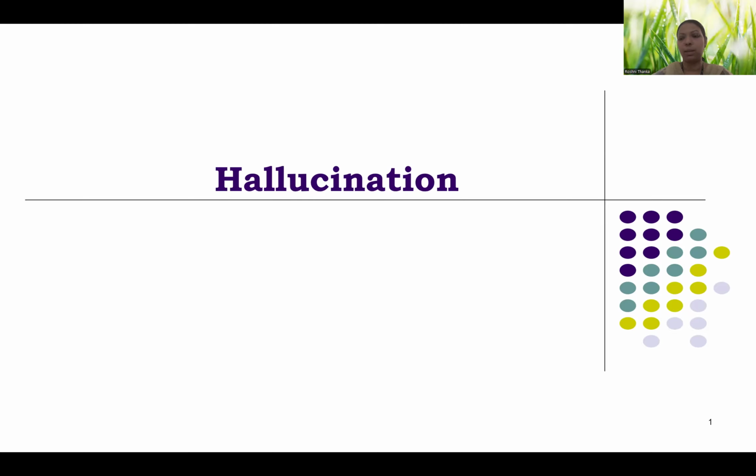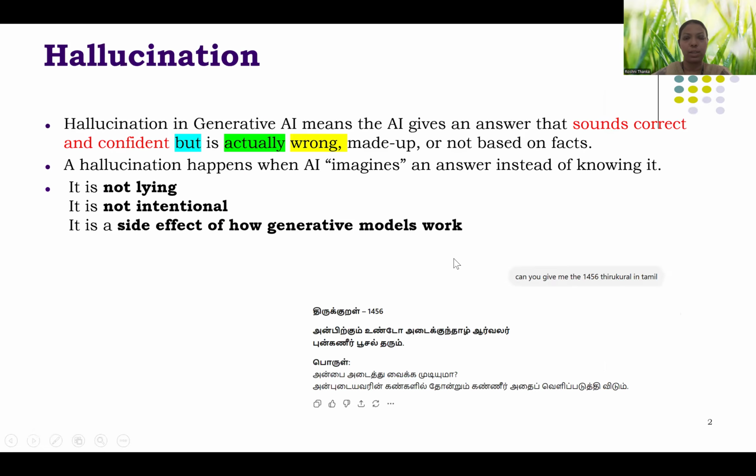So, let's start. First, what is hallucination? I hope you have heard about this. We know that generative AI's main purpose is to generate new things, which are not already available. So it is generating new things using its creativity. All this is happening because it is pre-trained.